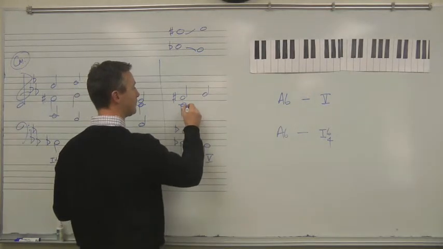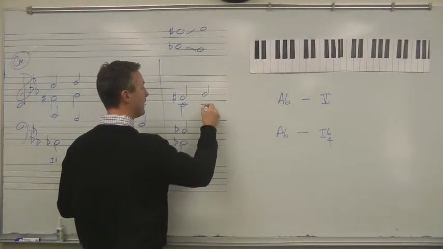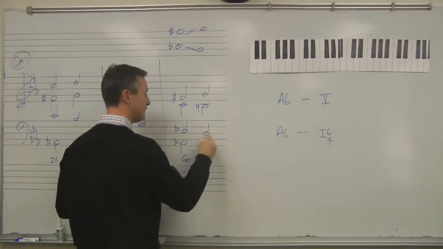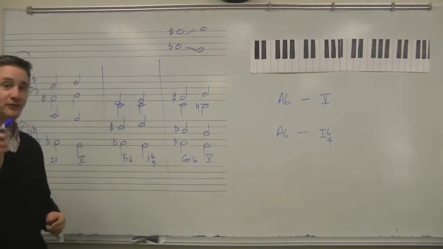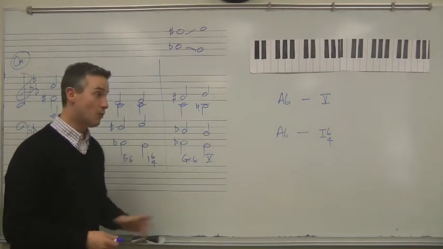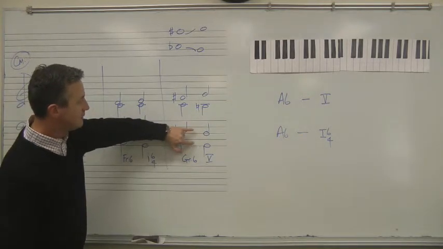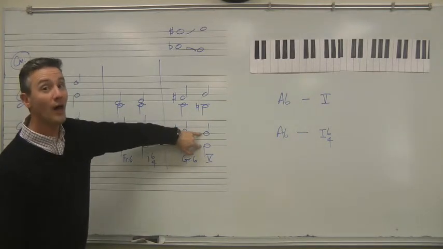So this would probably go down to a B, natural of course, in the key, and this would go down to a D. Now, the more astute of you may immediately say, whoa, hang on a minute, look, you just wrote parallel fifths.